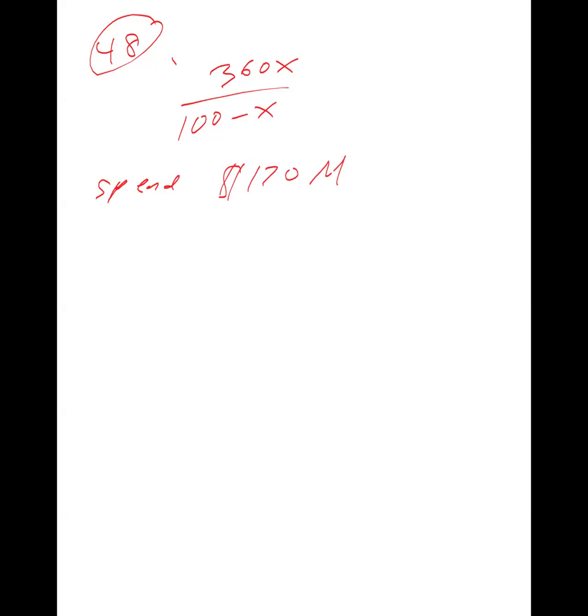So if you spend $120 million on the project, and that's equal to the cost that it takes to remove pollution, how do you solve that to figure out how much pollution would be removed? How much pollution, which is called x, is removed if you spent $120 million on removing pollution?